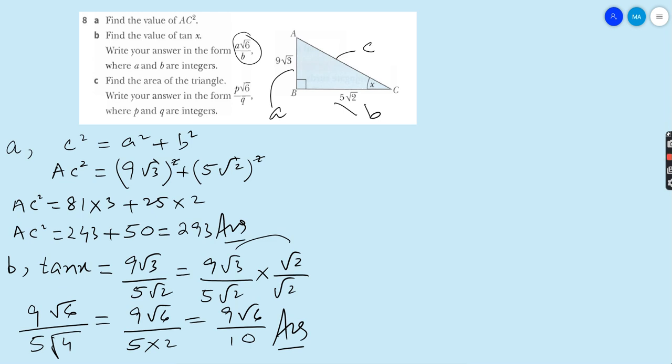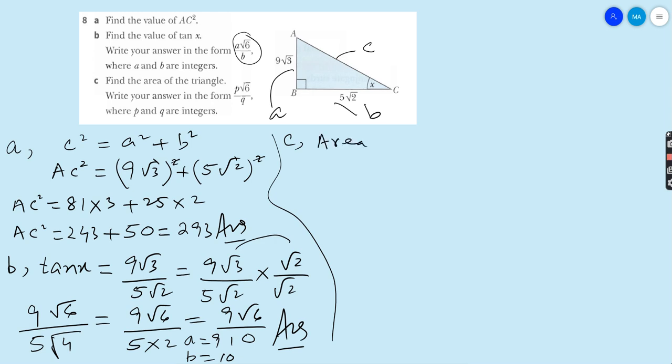Come to part C. Part C is find the area of the triangle. Write your answer in the form of P root 6 upon Q. Very easy. And you must know in this question A is 9 and B is 10. Now come to C part, area.